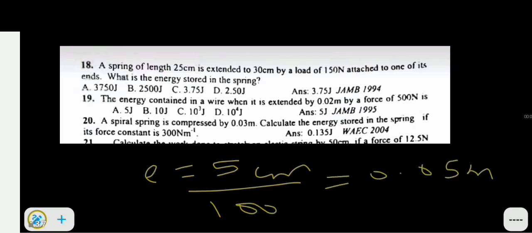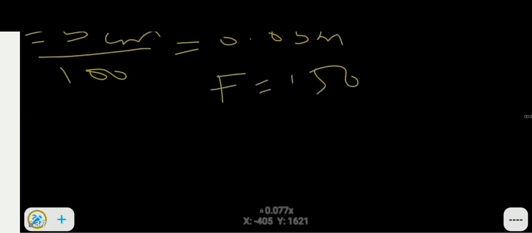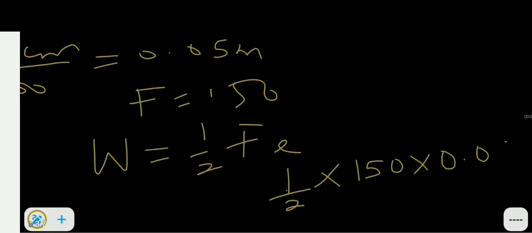Once you've gotten the extension, the force is already there, which is 150. So put it in the formula for energy stored in a spring, which is half Fe. You're going to get half times 150 times 0.05.